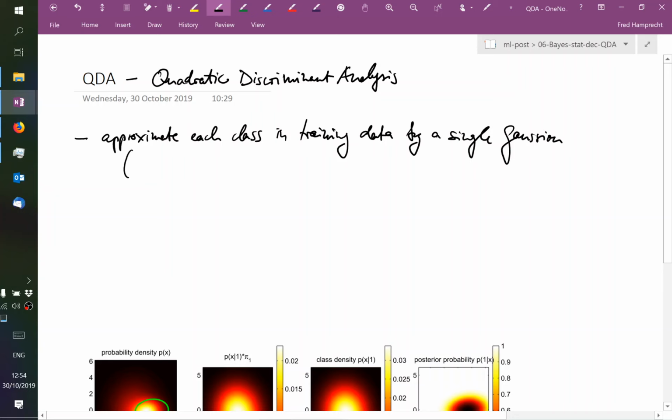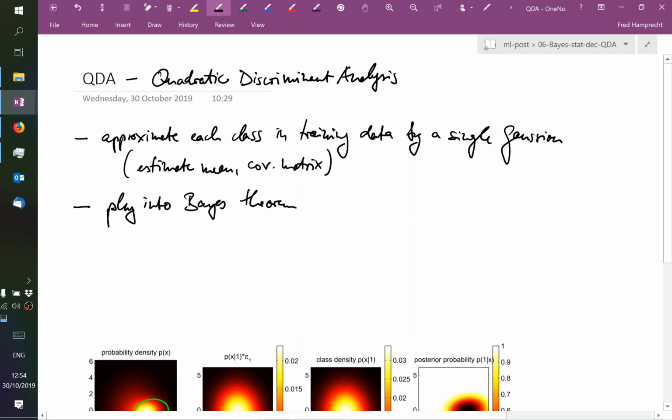To approximate by a single Gaussian, we estimate the mean, so we just compute the center of mass, and we estimate the covariance matrix using the formula that you've just seen. And then we plug into Bayes' theorem and compute the posterior probability.